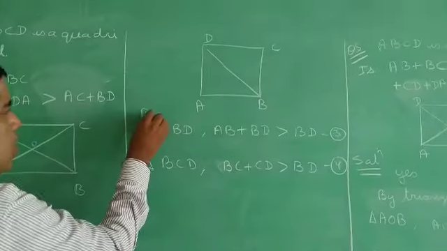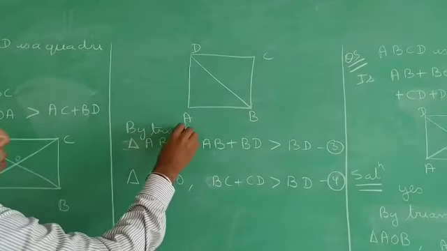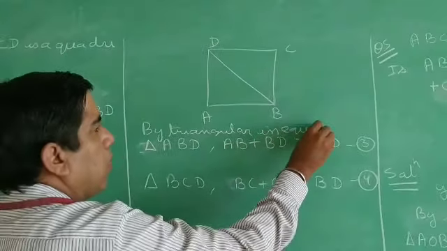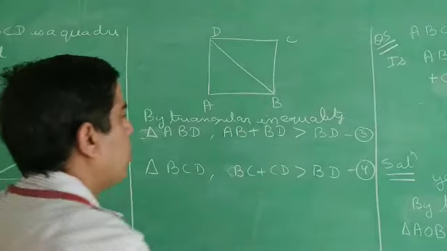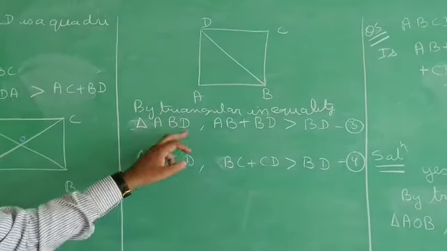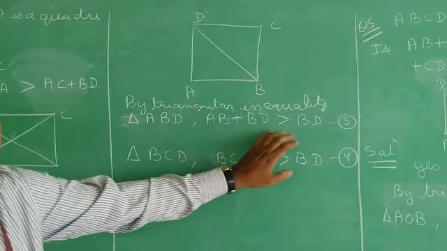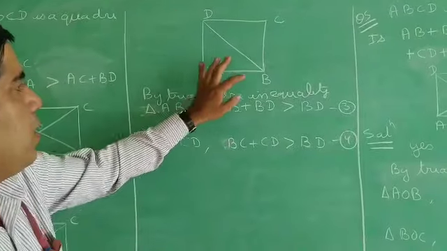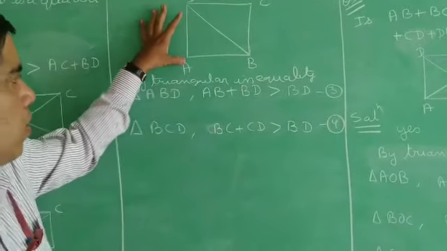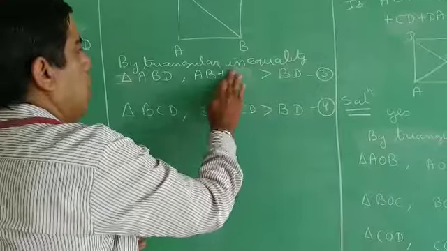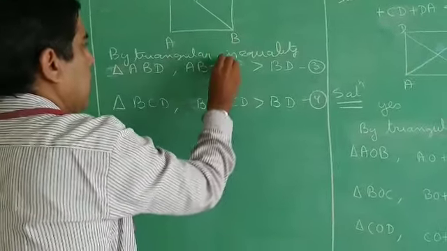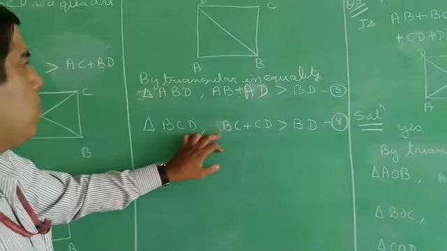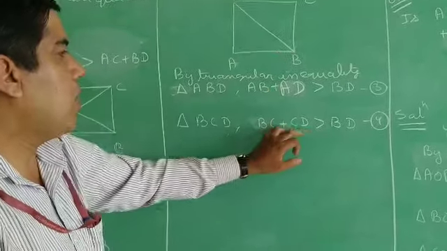Now again by triangular inequality, you can see here in triangle ABD, AB plus AD is greater than BD, and here comes BC plus CD is greater than BD.